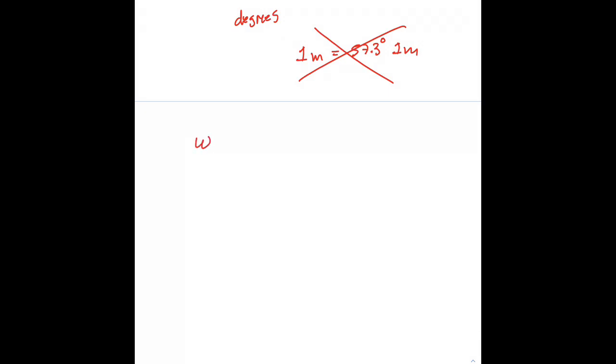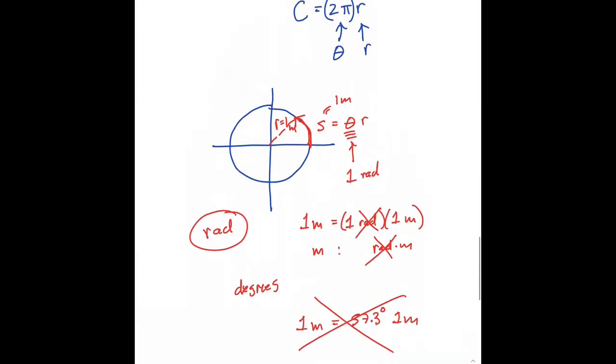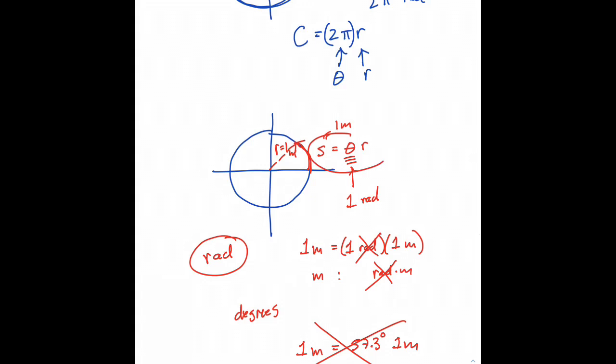If instantaneous velocity is defined as dx/dt, that's just as good as saying ds/dt for objects that move along circular paths. So v is equal to d/dt of theta r, right? S equals theta r.